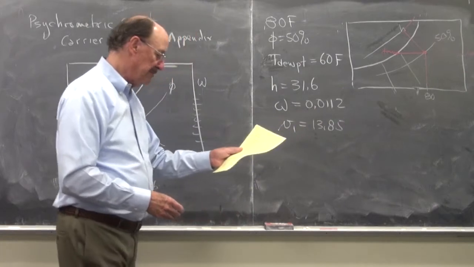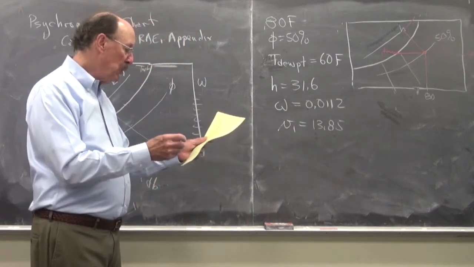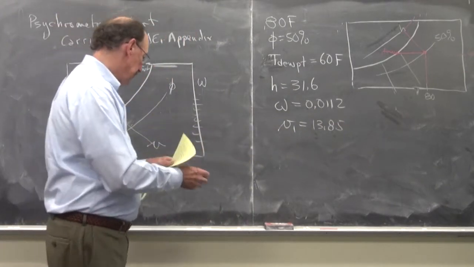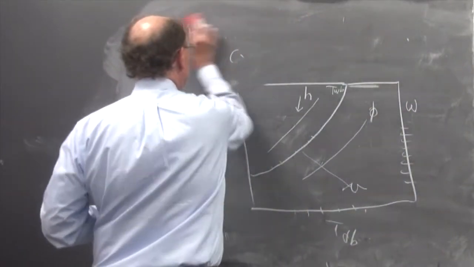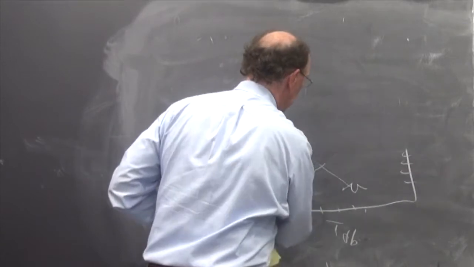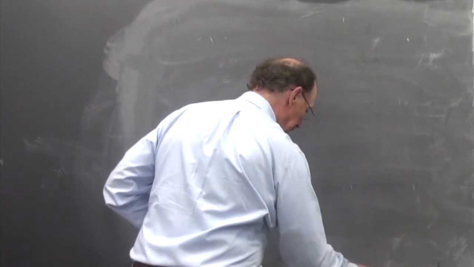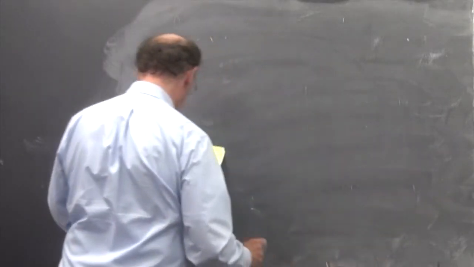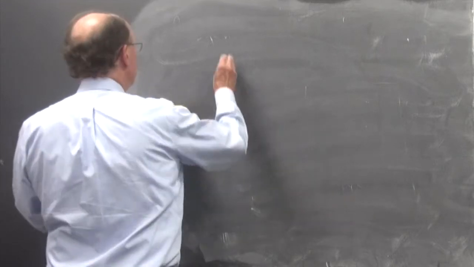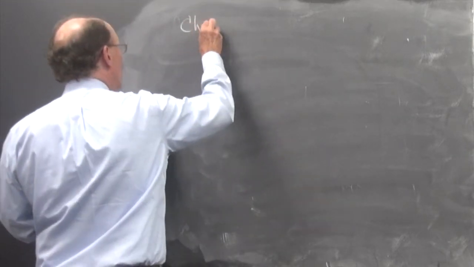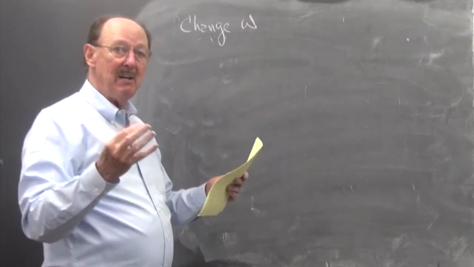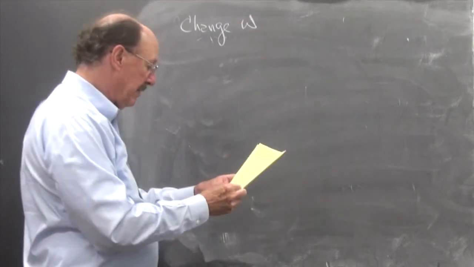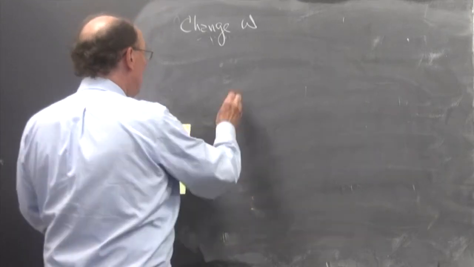Now let's look at something where we're going to have some cooling going on, and I want to move from state 1 to state 3, and I want to change the specific humidity, omega. So I want to get rid of some water vapor in the air.